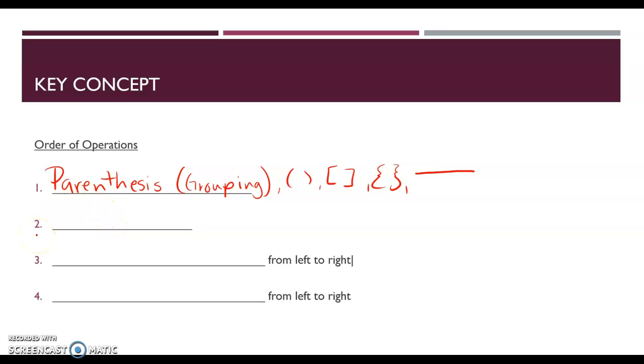And so that's what we start with, our parentheses, otherwise known as our grouping symbols. After that, if we have none of those, or after we complete the operations within those, then we go to exponents and we evaluate all exponents. And just a reminder, exponents are things like 3 cubed, which is 3 times 3 times 3, right? Exponents is just repeated multiplication.